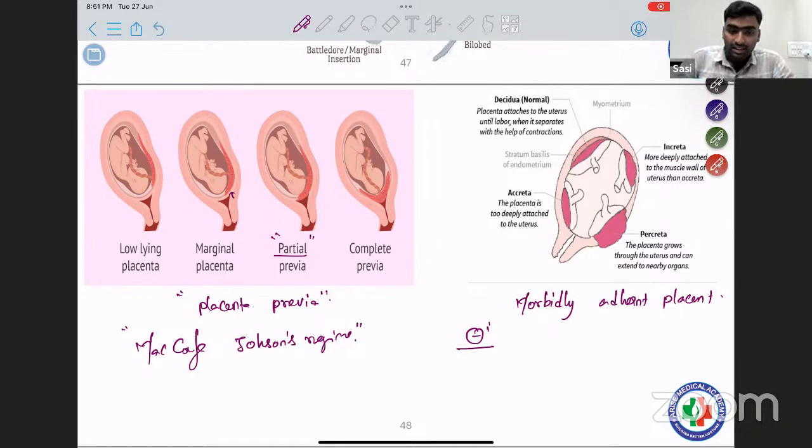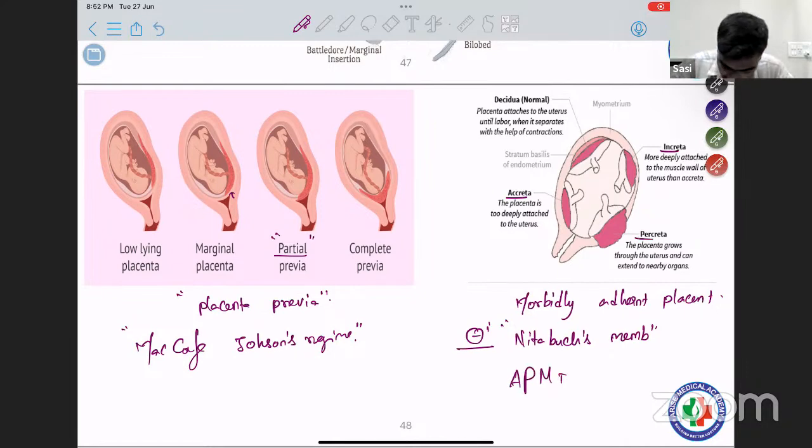Yeah, it is due to the absence of the Nitabuch membrane. And based on the level of involvement, there will be accreta, increta, and percreta. Remember accreta, increta, and percreta.